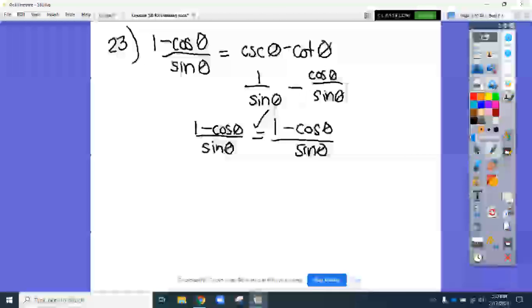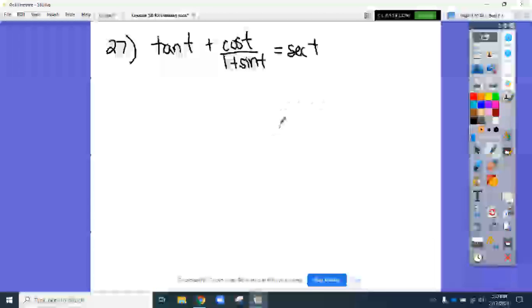All right. Next up was 27. 27 is going to take a little more effort. I want to show you a conjugate. So I could change tangent to sine over cosine and do a common denominator, but I feel like we've done a lot of that. So I want to show you a conjugate. I'm going to multiply top and bottom of this fraction by 1 minus sine of t.